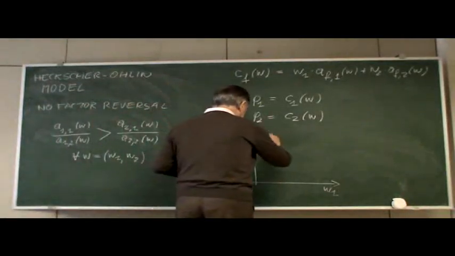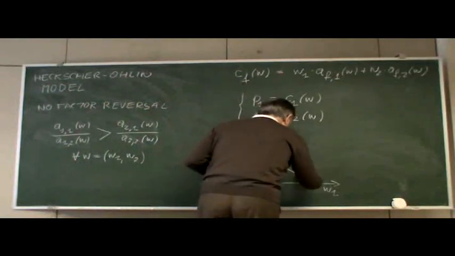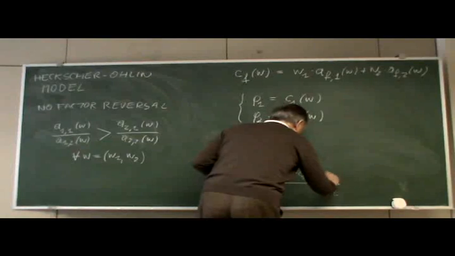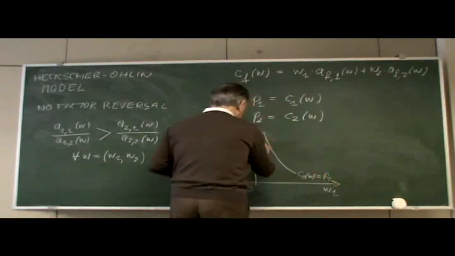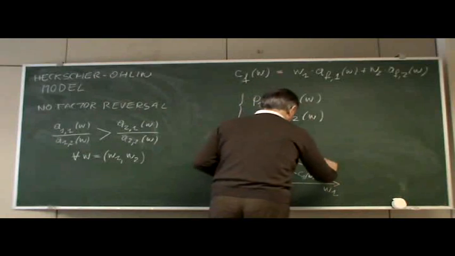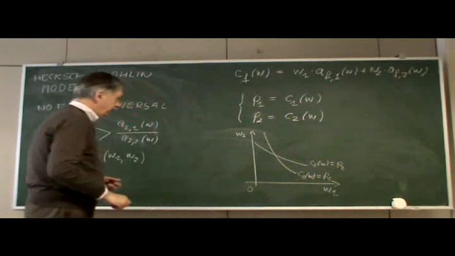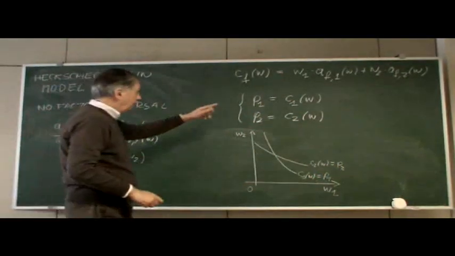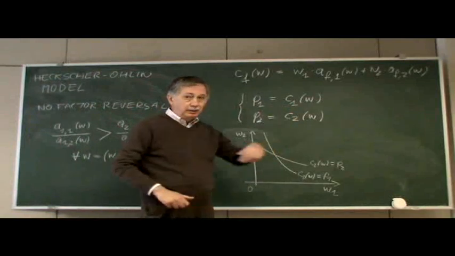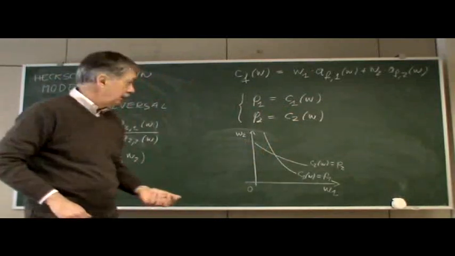For good 1, when the level of cost is equal to P1, and for good 2, C2(W) equal to P2. Why? Because in equilibrium, do you remember, prices must be equal to unit costs.